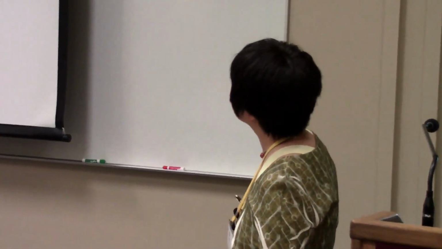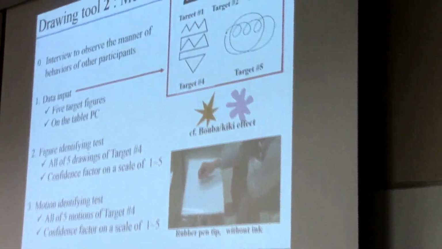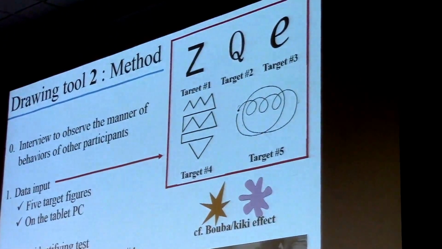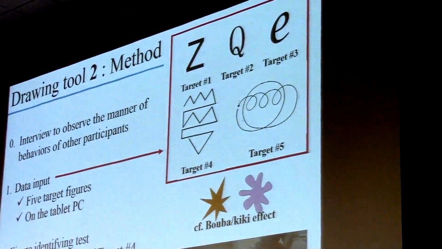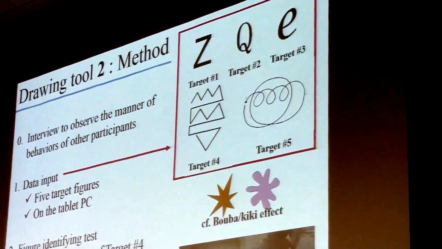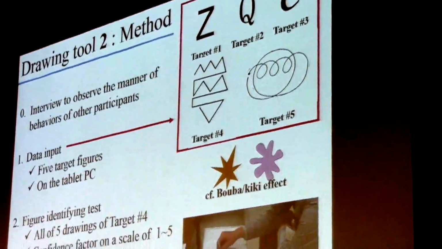So this is the procedure of the experiment. First is data input. 5 target figures were shown to the participant. Each participant drew them on the tablet PC one by one. Second, a figure identifying test was conducted in each group.